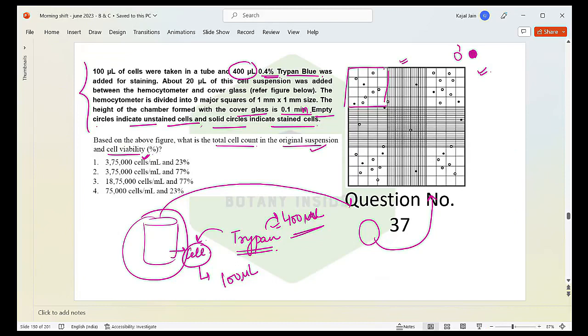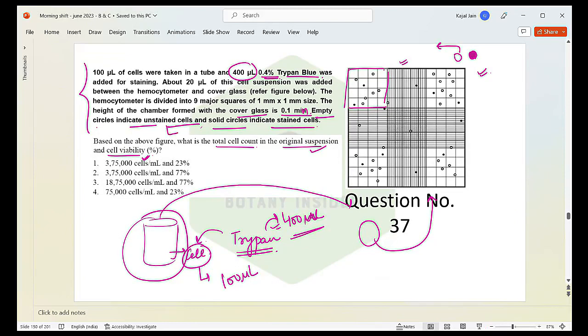The empty circles indicate unstained cells. That means this particular circle indicates an unstained cell, that is, this cell has not taken up the stain. But a solid circle means that this cell has taken up the stain. This is the information given to you.